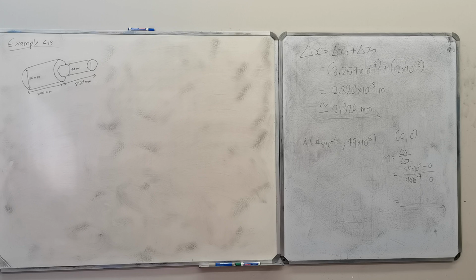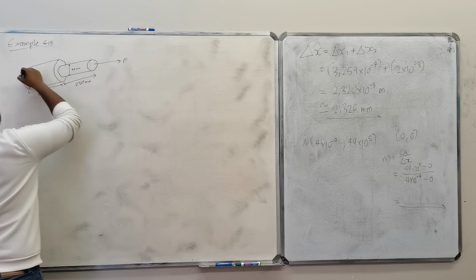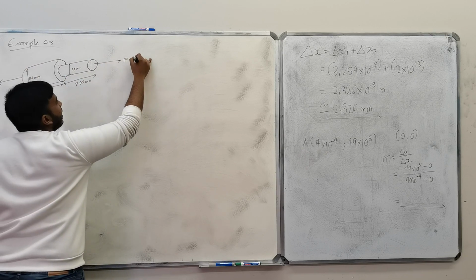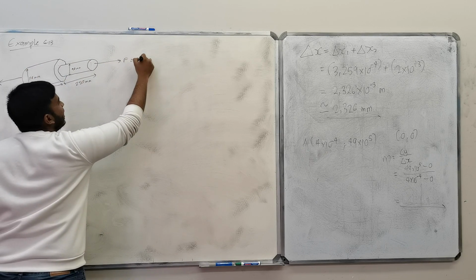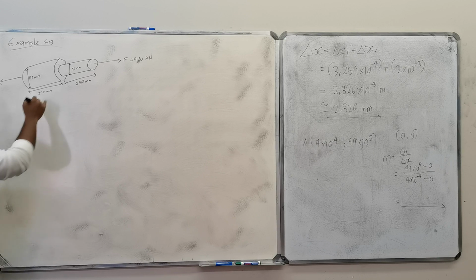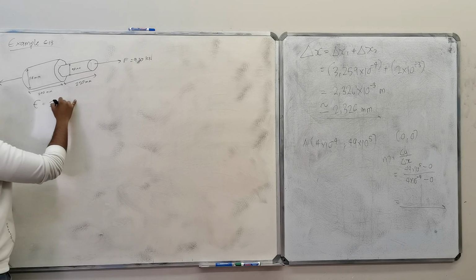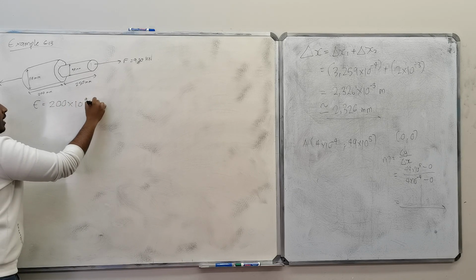So, if the bolt is subjected to a maximum tensile force, so it's a pulling force, of 950 kilonewtons, calculate the total extension of the bolt given that Young's modulus is equal to 200 GPa, 200 times 10 to the 9 pascals.